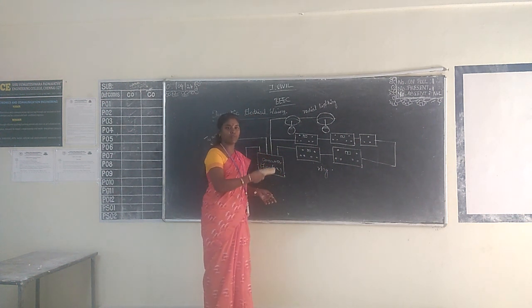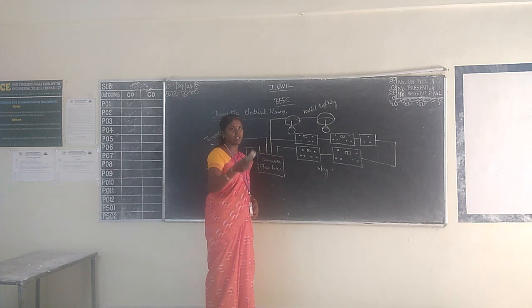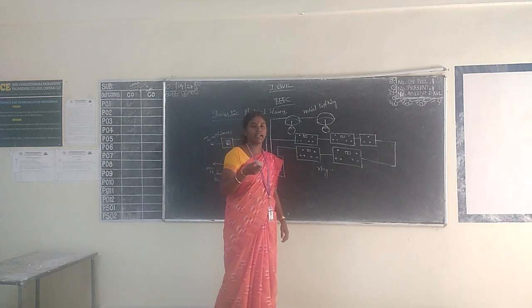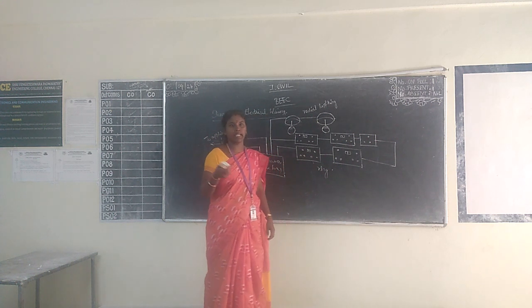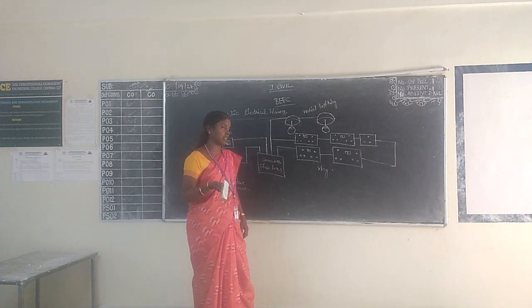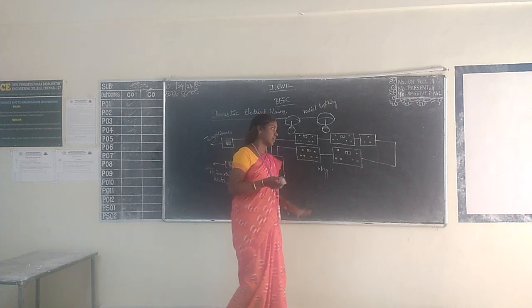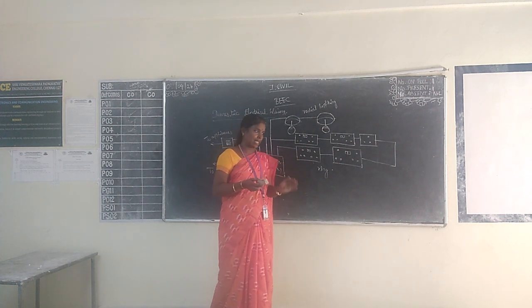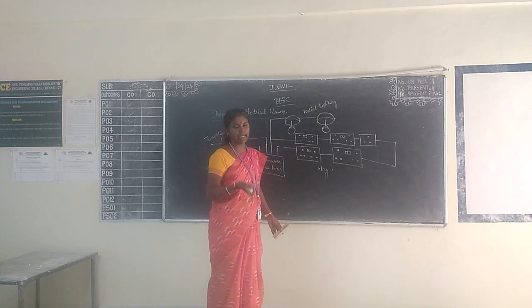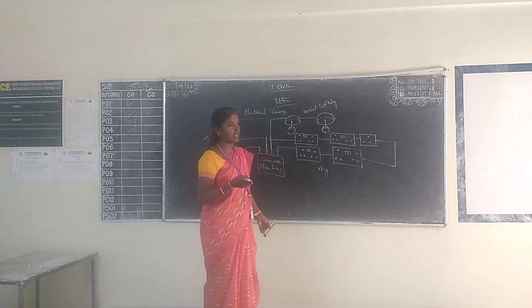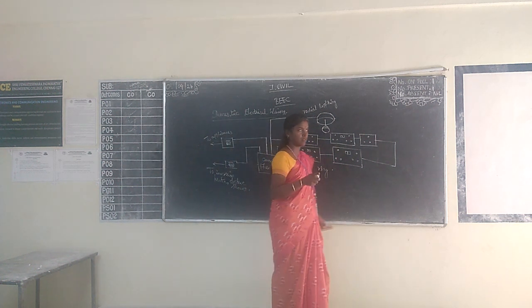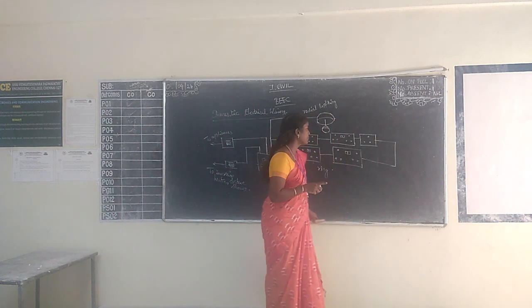Then the current flows through the circuit, and we can connect a particular load, either a fan, light, or AC, any type of appliance, and it will function. If it is in the off state, the electrical circuit will not connect. It will be in an open state, so nothing connected to the switch will work.